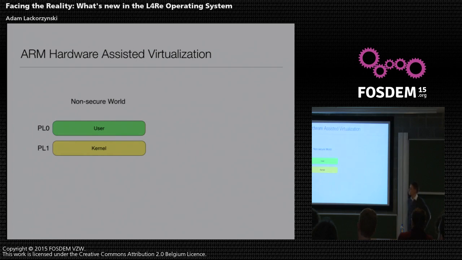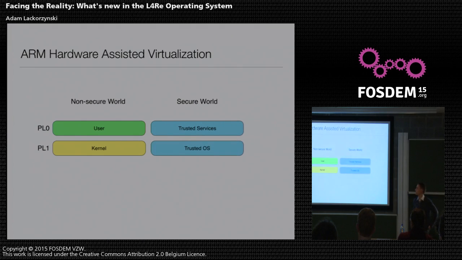Of course, ARM calls this the non-secure world. And if there is a non-secure world, there must be some other world, so the secure world. This is also known as TrustZone. And on the secure side, you usually have some sort of trusted OS with trusted services, so whatever that means. That was the picture till then.